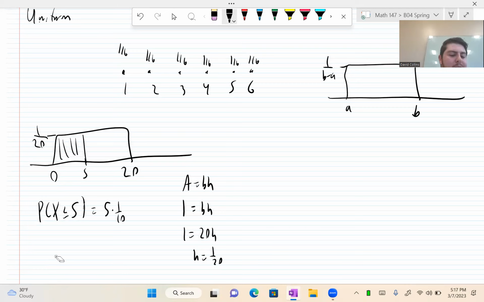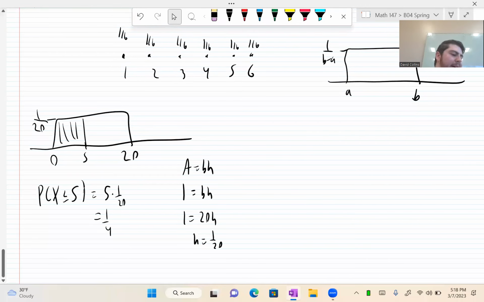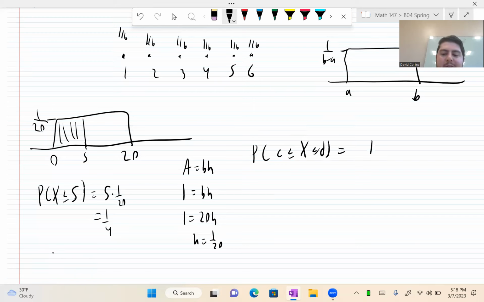It's 5 times 1 over 20. That's 1/4. And that's really it for the uniform. The general formula is the probability that c is less than or equal to x is less than or equal to d is d minus c over b minus a. In this case, it's 5 minus 0 over 20 minus 0, which is 1/4.